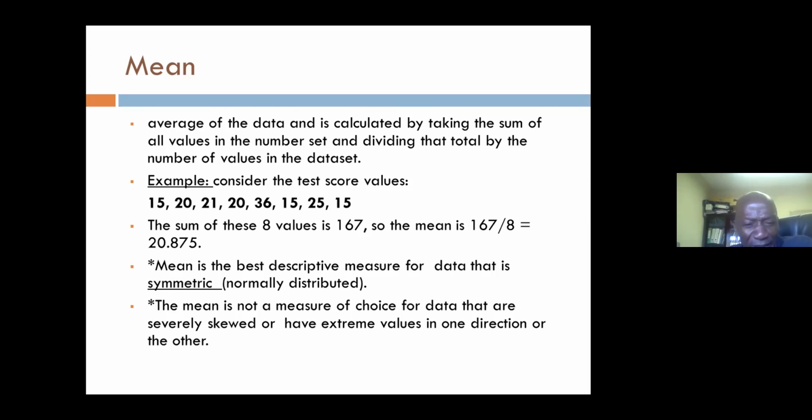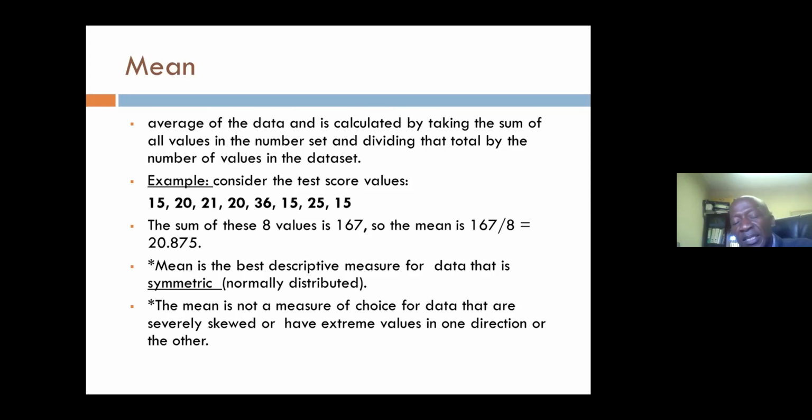But if the data set is not symmetrically distributed, the mean is not a good representation of center because the mean is sensitive to extreme values. It is greatly affected by extreme values.